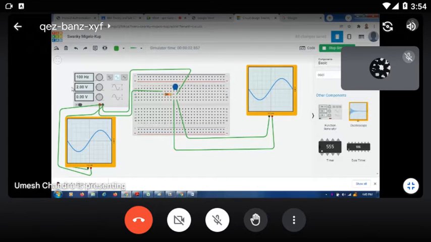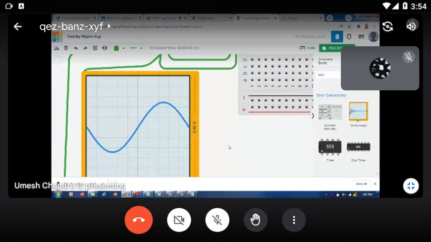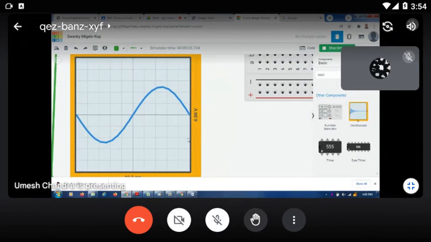Okay. Now I give the 100 hertz frequency to the input signal. The input signal now you mark here. What is your input voltage? 4 volt. Then total block is 10, then each block is 0.4. Now how much division cover in y-axis? 2 big blocks and half of 1 big block.